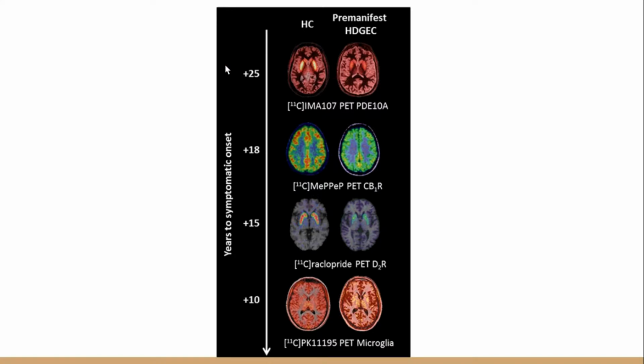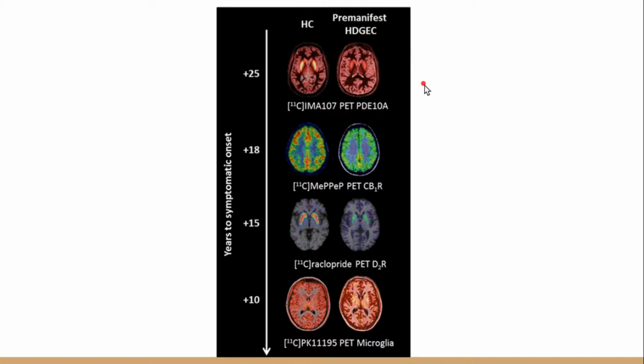PDE10A is highly expressed in medium spiny neurons, and this protein functions broadly to regulate cyclic AMP and cyclic GMP. If you remember, phosphodiesterase just cleaves cyclic AMP to regulate the second messenger and will basically downregulate it. In HD patients, PET scans show a roughly 30 to 50% decrease in PDE expression 30 years before disease onset.